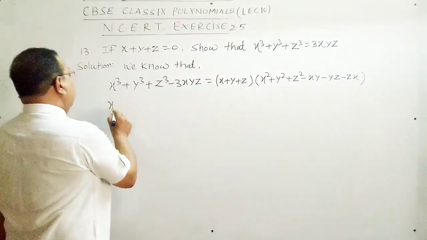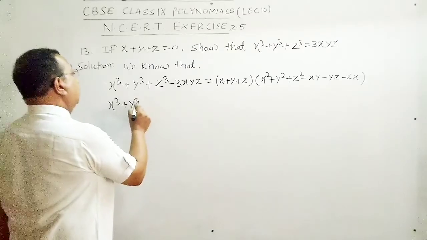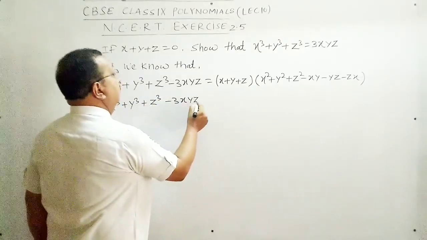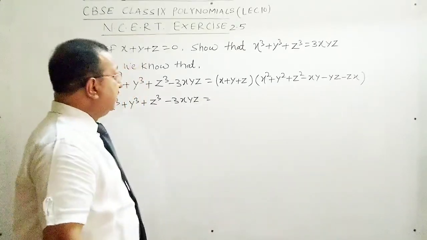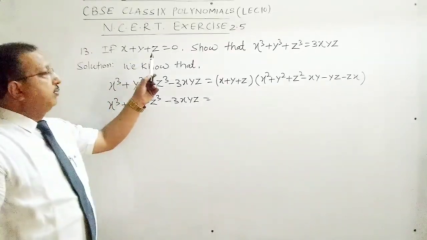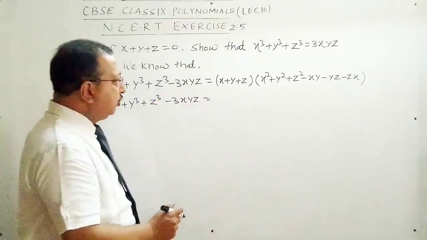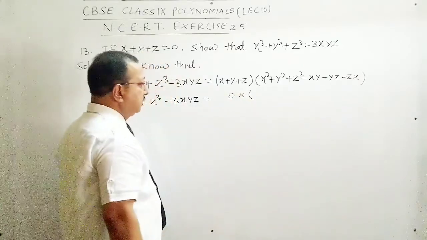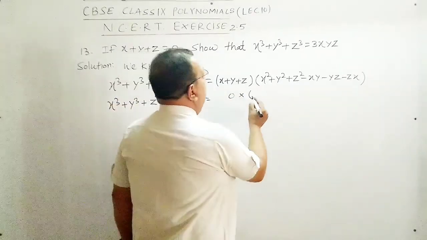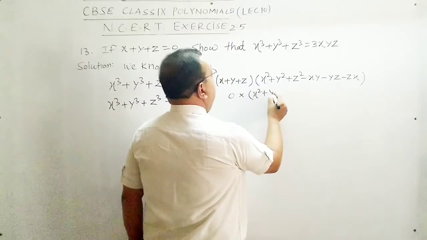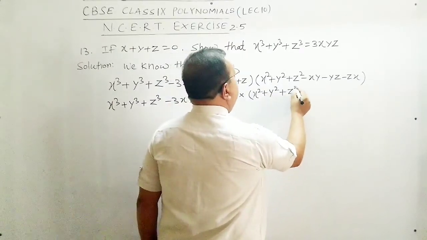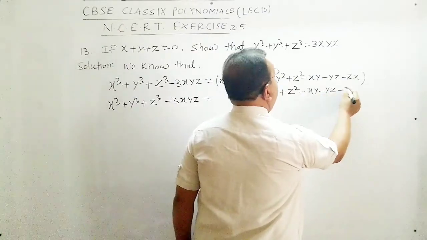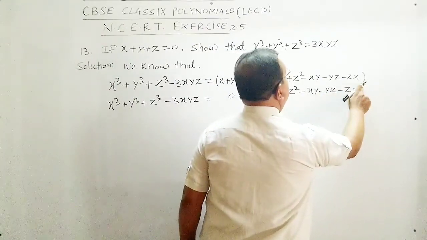In this identity, it is given that x plus y plus z equals 0, so we put 0 in place of x plus y plus z into x square plus y square plus z square minus xy minus yz minus zx.